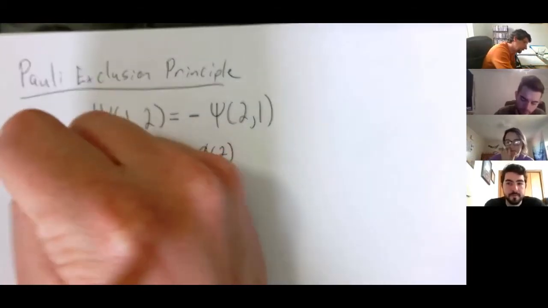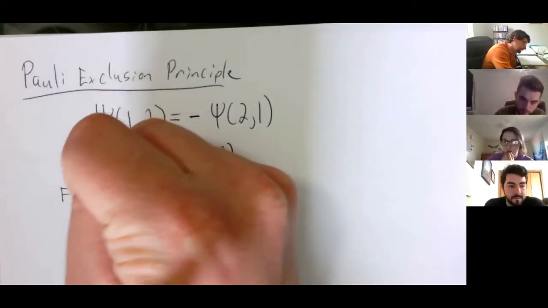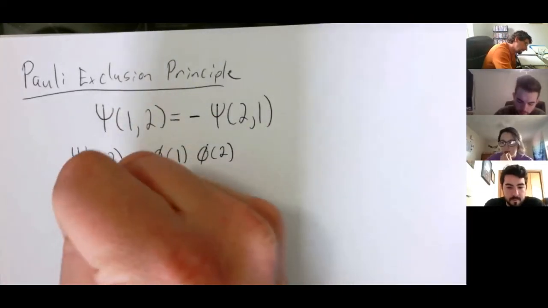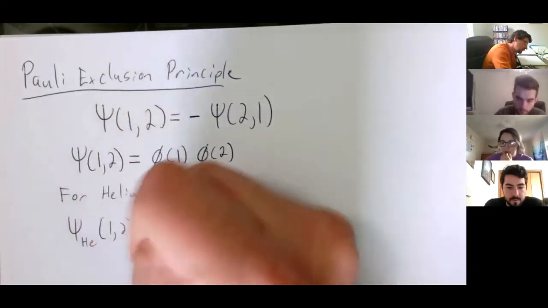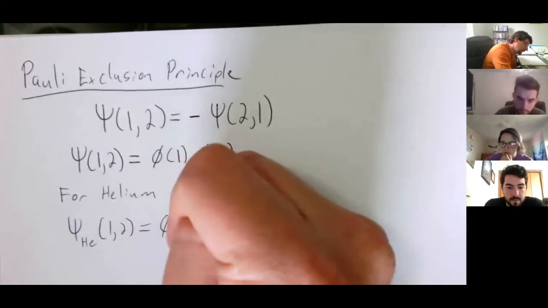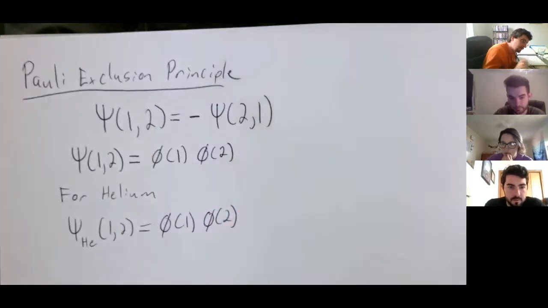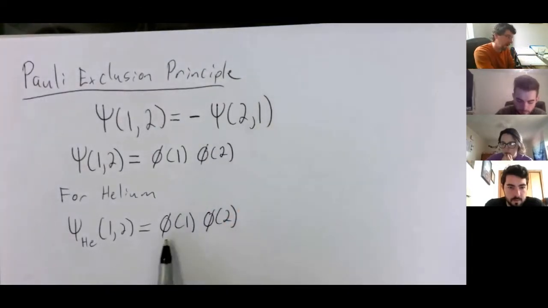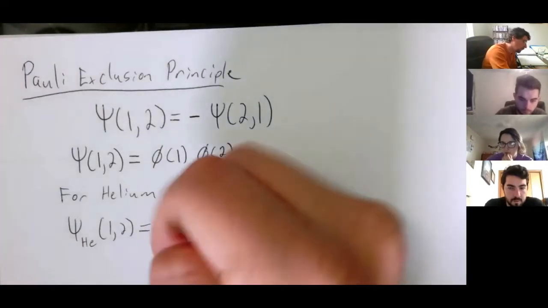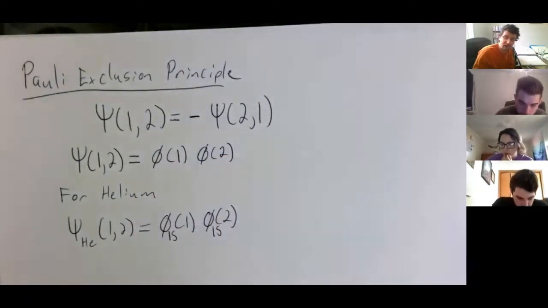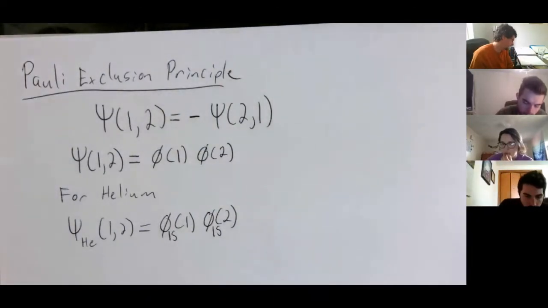So for helium, we're going to have almost the same thing, but we're going to specify that these orbitals are 1s and 1s. Those are subscripts underneath them.